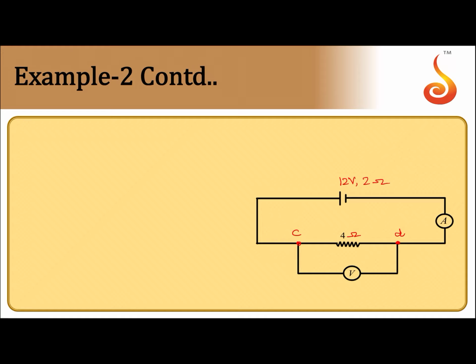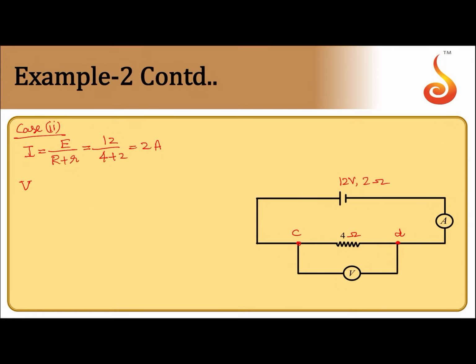So now what are voltmeter and ammeter readings? In this case 2, current drawn from the cell is again E divided by R plus r. This remains the same, that is 12 divided by 4 plus 2, that is equal to 2 ampere.